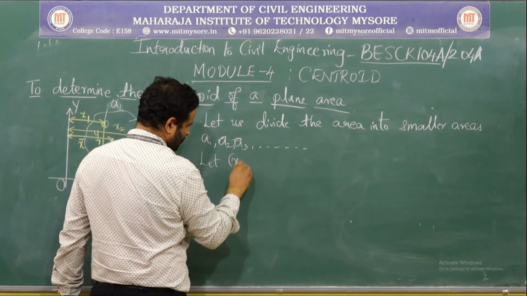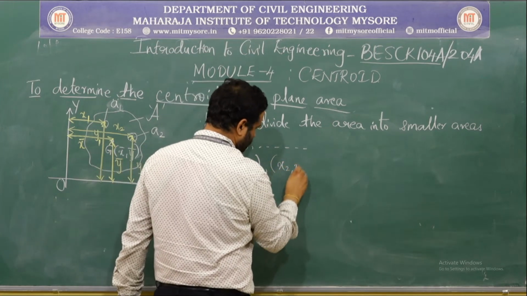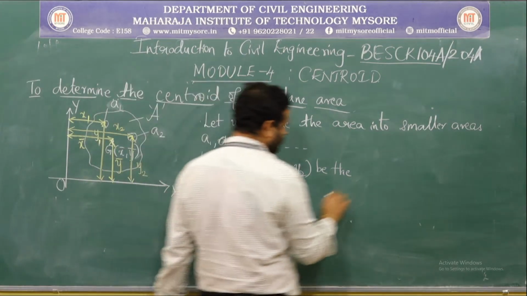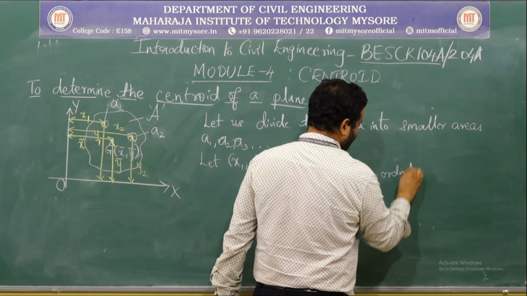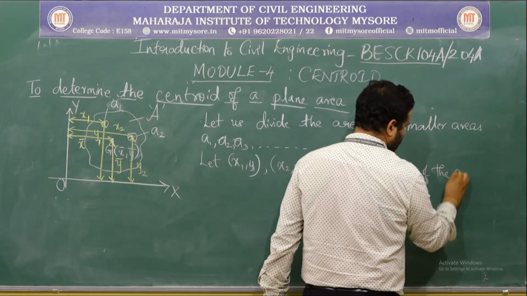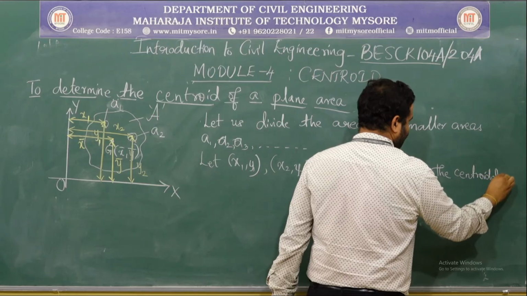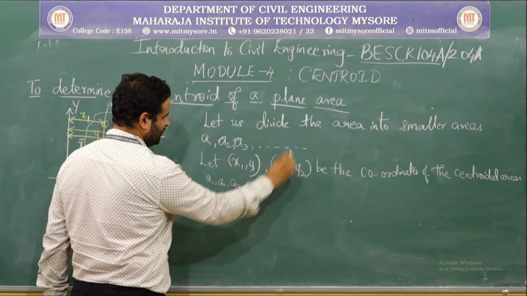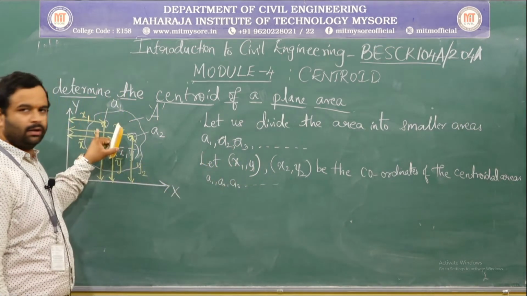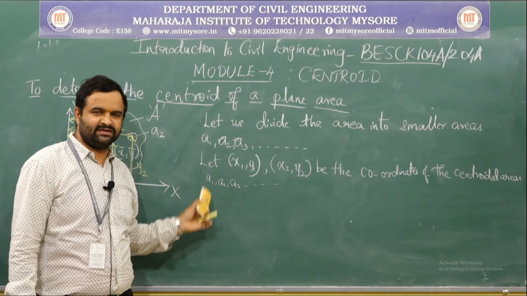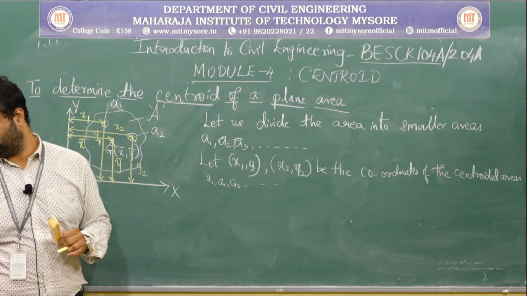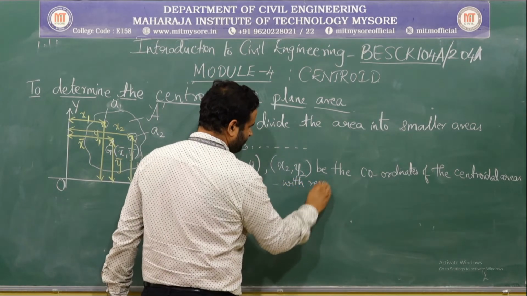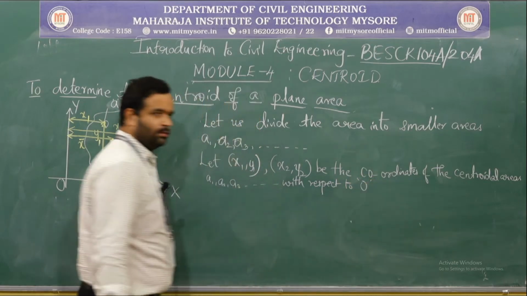Let x1, y1, x2, y2 be the coordinates of the centroids of the areas a1, a2, a3, etc. with respect to the origin O, it is very much important.